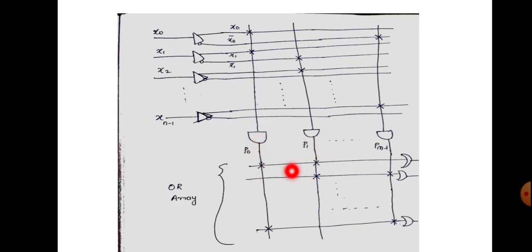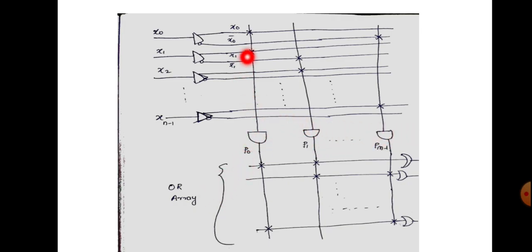Here you can see that in this OR gate, the inputs coming are P0 and P1, so this will be ORed. That is, the output of this first OR gate is P0 plus P1. And in the case of the second OR gate, we are giving the input as Pm minus 1 and P1, so its output is P1 plus Pm minus 1. Like that we can program it. So this clearly indicates the OR array and also the AND array.